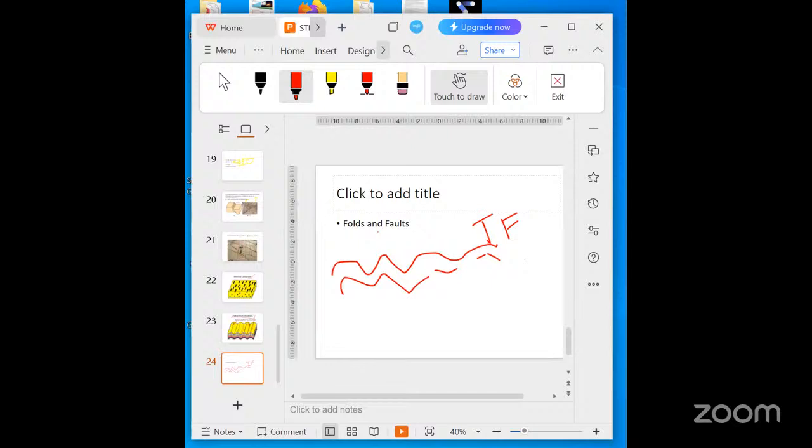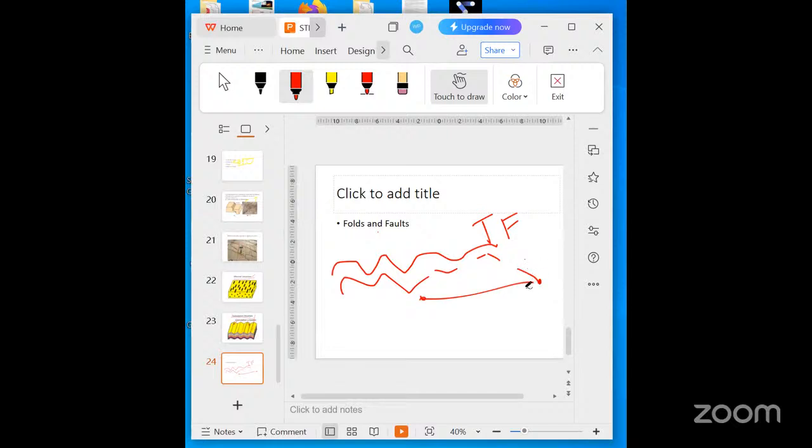Folding can be defined as the bending of rock strata due to compressional forces acting tangentially or horizontally towards a common point or plane from the opposite side.